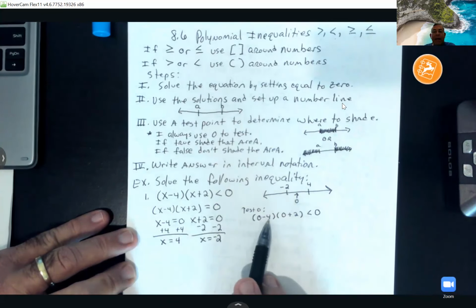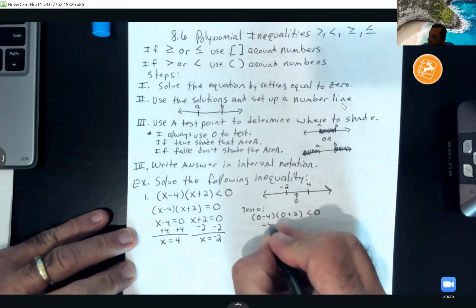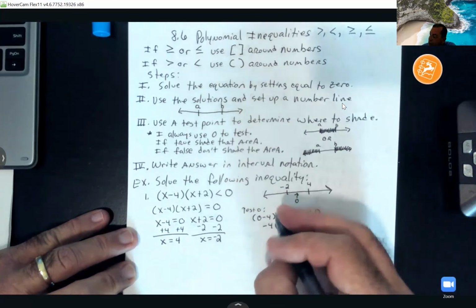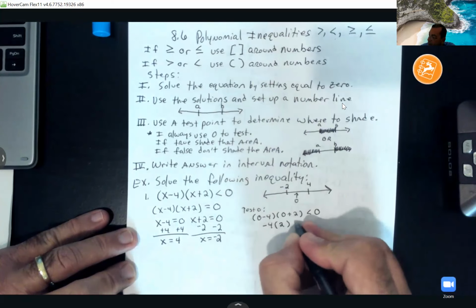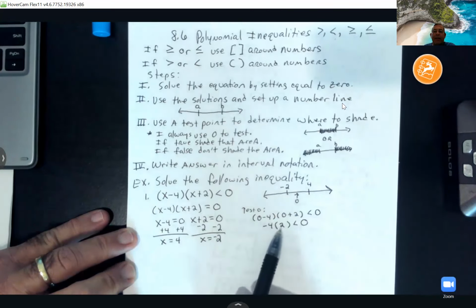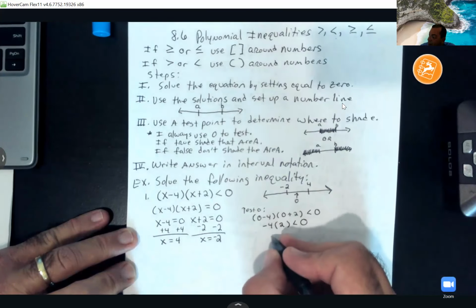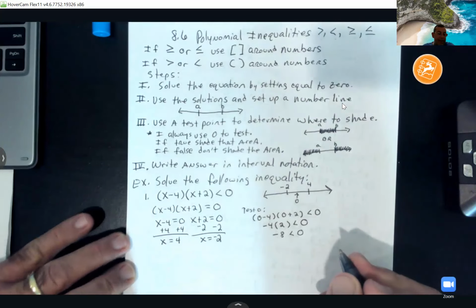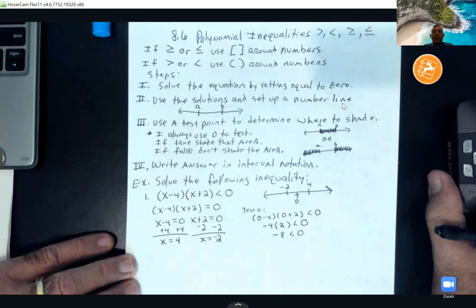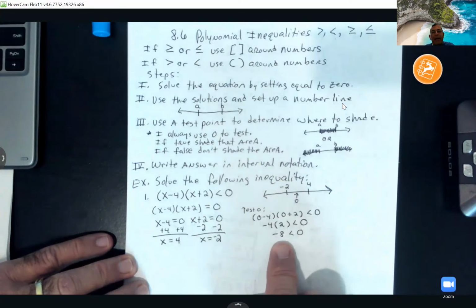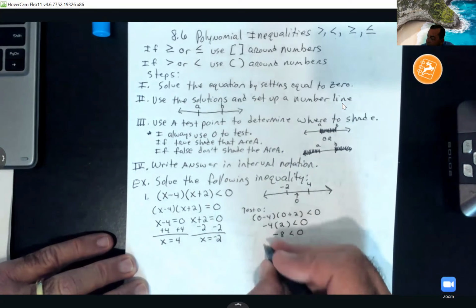Well, y'all, 0 minus 4 gives me a negative 4. Second parenthesis, 0 plus 2 gives me a 2. That has to be less than 0. So negative 4 times 2, that's going to give us negative 8 less than 0. So that is definitely true. Negative 8 is less than 0.